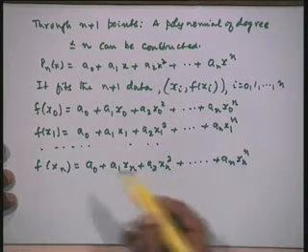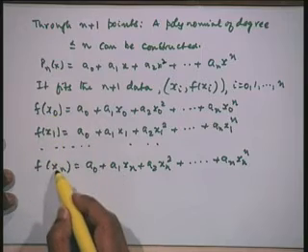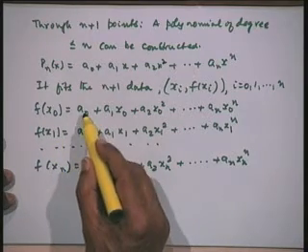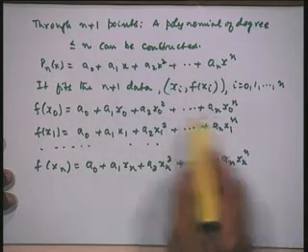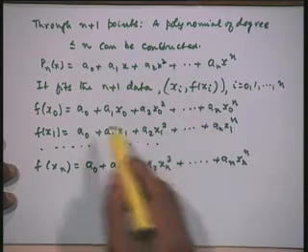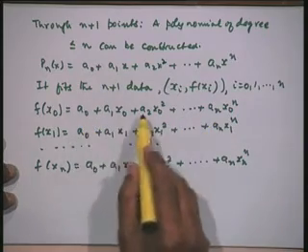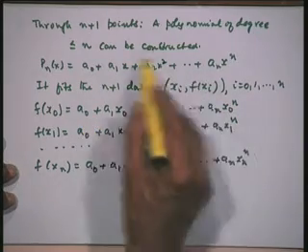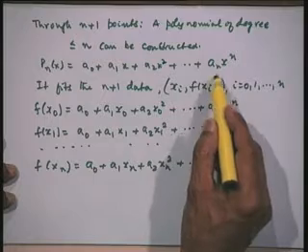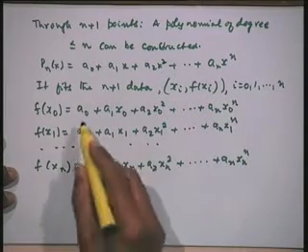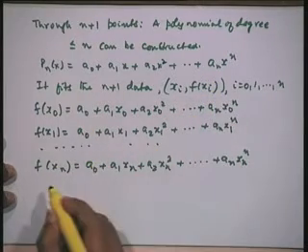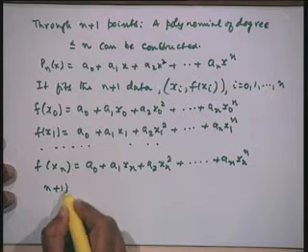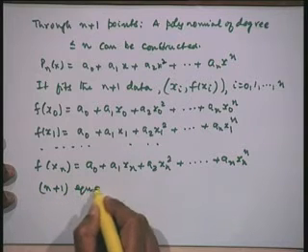Now, you can see that this is a system of n plus 1 equations in n plus 1 variables a_0, a_1, a_2, ..., a_n. We have to determine a_0, a_1, a_2, ..., a_n. If the unique solution for a_0, a_1, a_2, ..., a_n exists, then this polynomial exists uniquely. Therefore, I need to determine these coefficients, and for that we need to have n plus 1 equations.